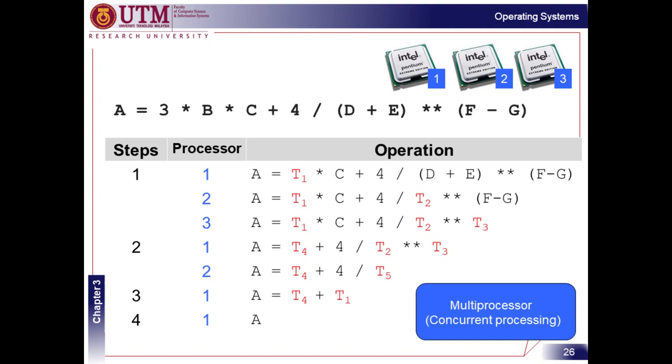We will use the same example of an arithmetic expression, which is A equals 3 times B times C plus 4 divided by the quantity of D plus E raised to the power of F minus G. Here, we will assume that we have 3 processors available and we will assign each processor a different task.